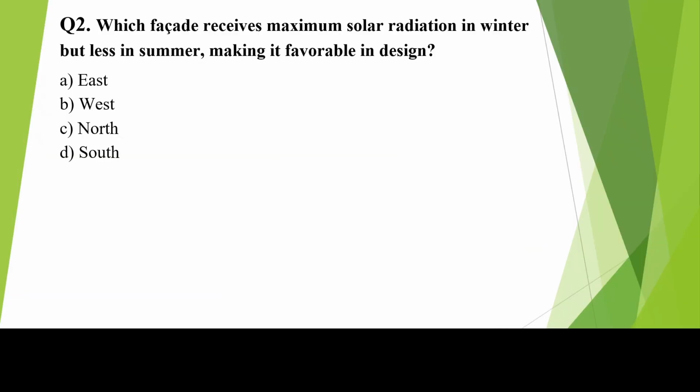Let me discuss it. Whoever has marked D is absolutely correct, because in the context of India or the northern hemisphere, the south-facing facade is beneficial as it gets maximum sunlight in winter, when the sun is low in the sky, but comparatively less in summer, adding a passive heating feature in winter.